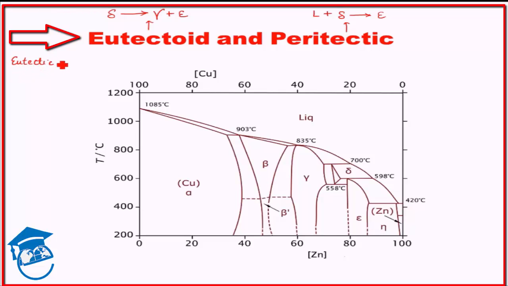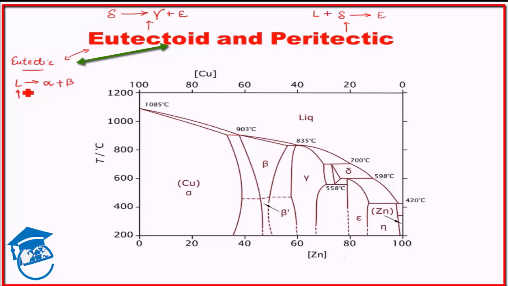the eutectic reaction was a liquid giving rise to two different solids. So when we compare the eutectic reaction and the eutectoid reaction, what we see is that in the eutectic reaction, the reactant was in the liquid phase, and the liquid phase gives rise to two different solid phases.